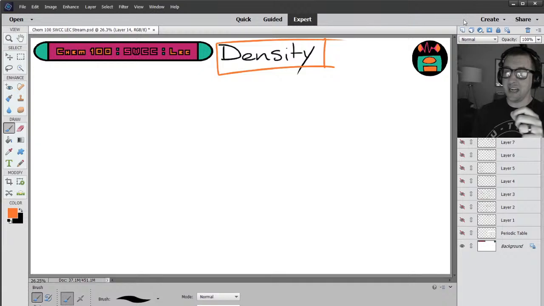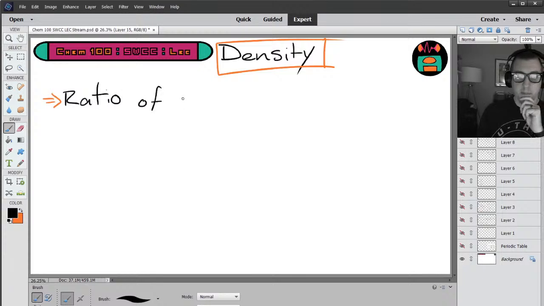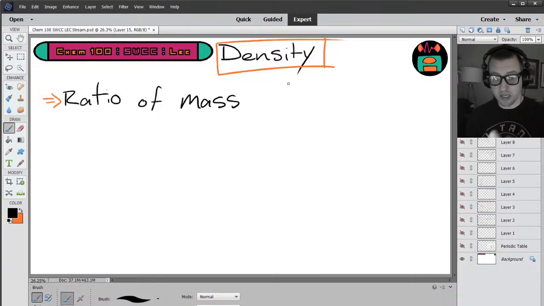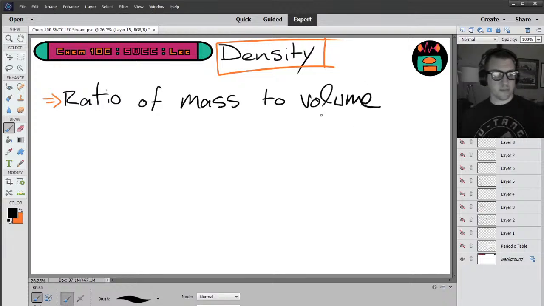Now, density is a ratio of the mass of an object or a substance to its volume. It's a ratio of a mass to volume.